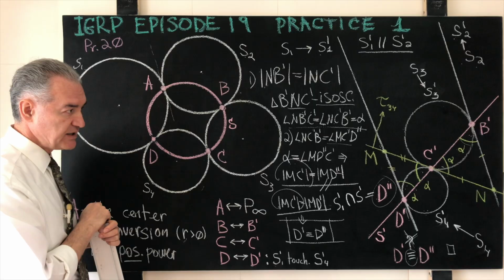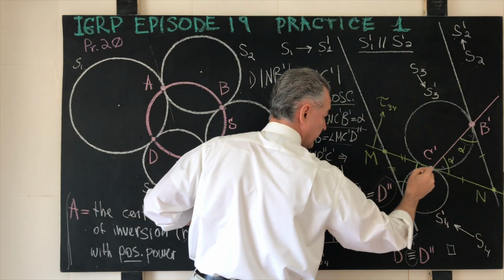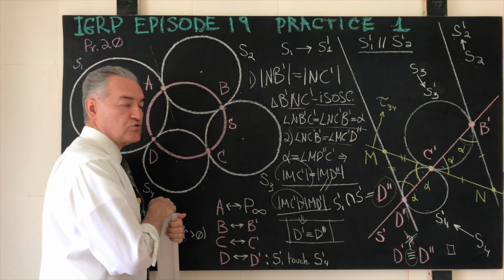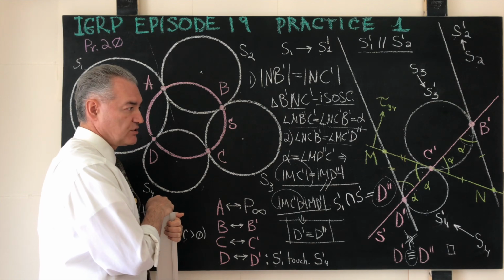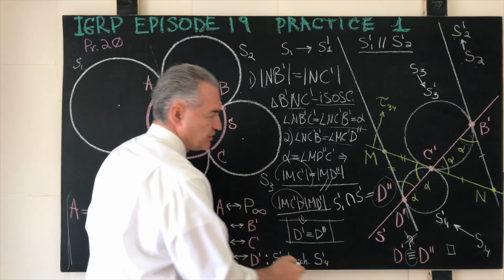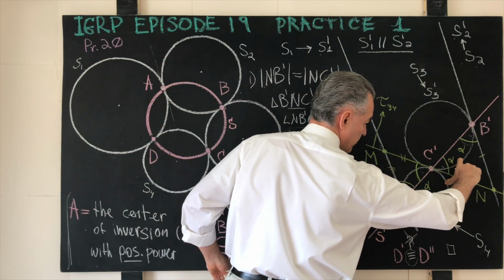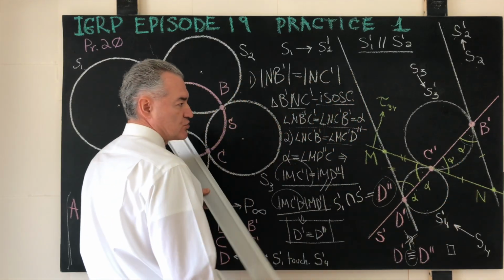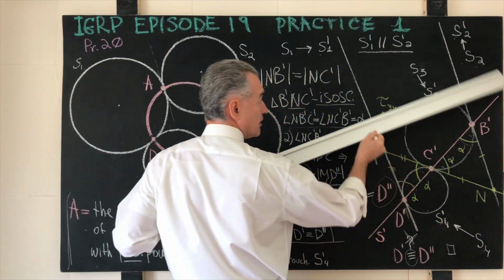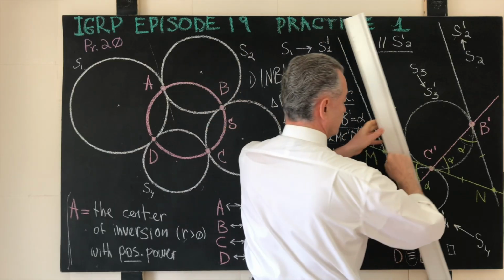And that proof is based on what? Based on the idea of chasing the angles. Now that you understand this idea, you should probably go back on your own and generate a more formal proof for the case when the common tangent to the circles S prime 3 and S prime 4, which I show over here, intersecting the image straight lines S prime 2 and S prime 1, is parallel to this straight line.